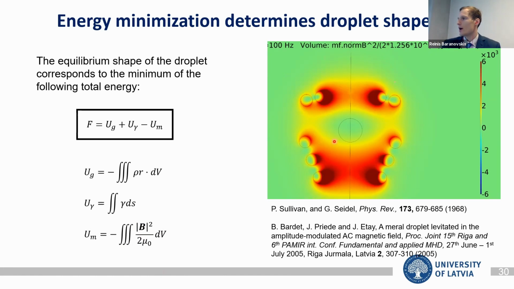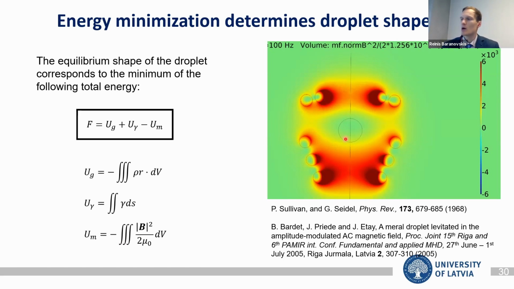And on this graph, I've plotted this magnetic pressure of this electromagnetic coil. And here you can see it really creates an area in the middle which has the lowest field compared to the surroundings. So if you have a material point there, it will try to go to the center.